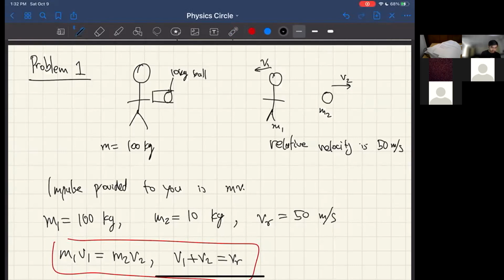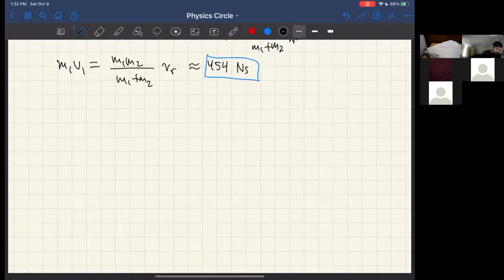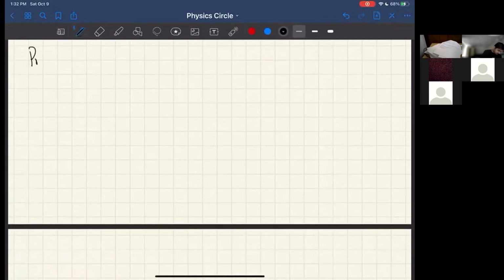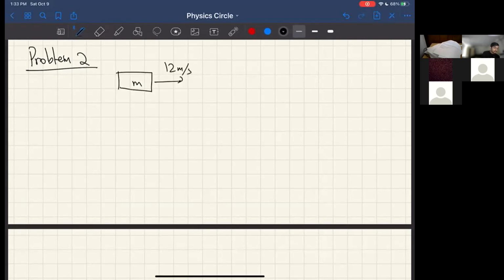All right. Let's move on to problem 2. So in this problem, I have a cart of mass m moving at 12 meters per second, and I have a cart of mass 4 at rest.